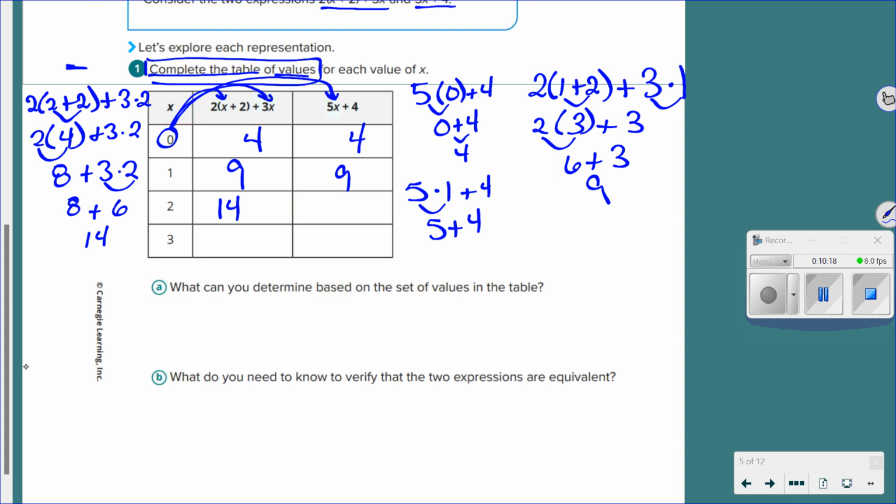Any questions about that one? No. Guys, you're using the order of operations every time. So 5 times 2? 10 plus 4? 14.